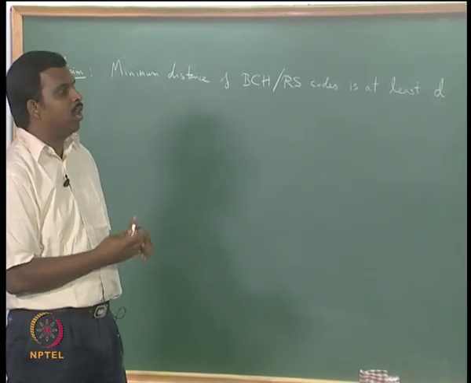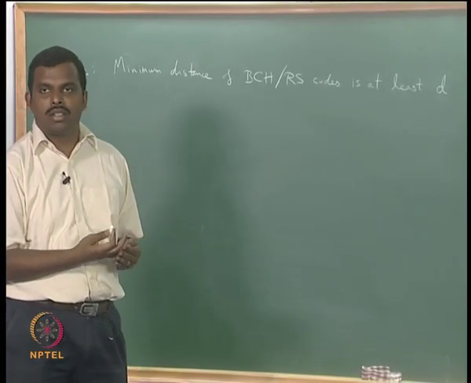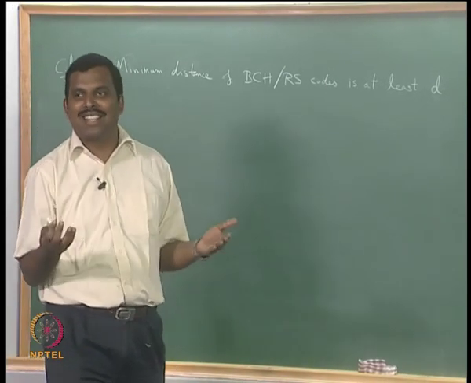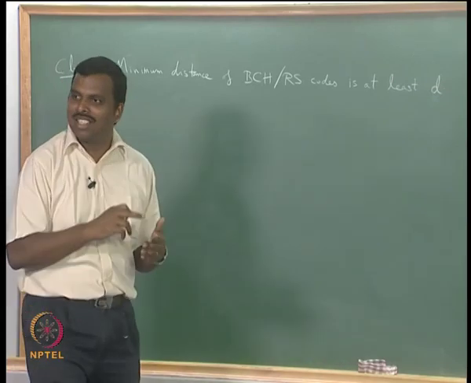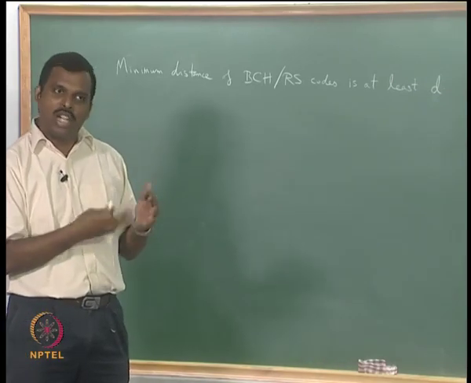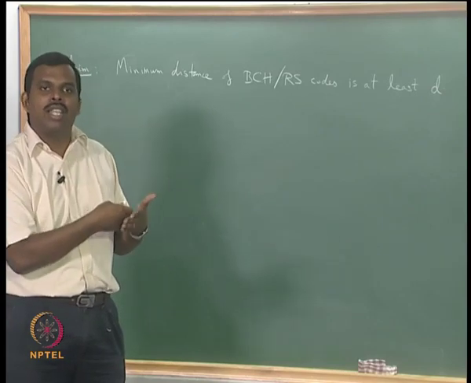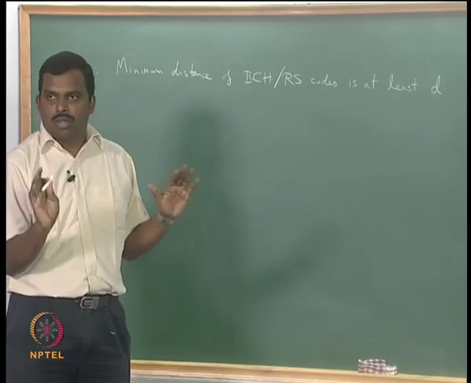Why should I have to show only it is greater than or equal to D? The bound is anyway true, D can never be greater than n minus k plus 1. So once I show D is greater than or equal to that, I already have D less than or equal to from the Singleton bound. So I can say D equals n minus k plus 1, it is no problem.